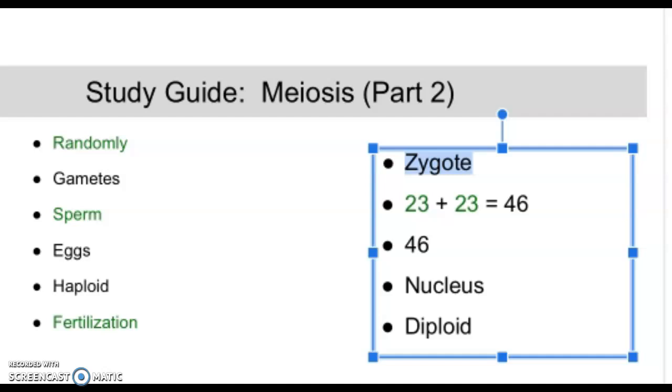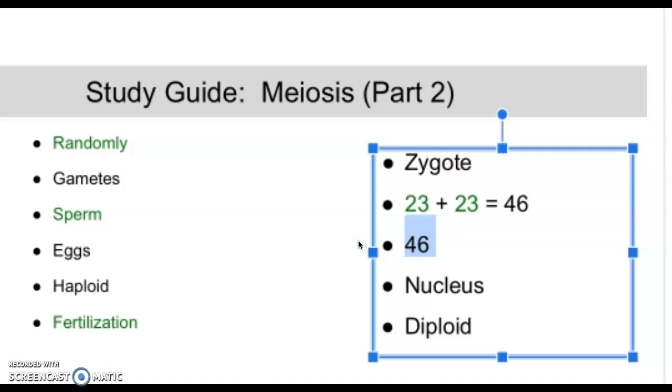And this one cell is called a zygote, which is the first cell that is made in order to create a new organism. Because during fertilization, an egg and sperm combine, we're going to have 23 plus 23 chromosomes merged together to form 46 chromosomes. All human somatic cells, which are body cells, should have 46 chromosomes.